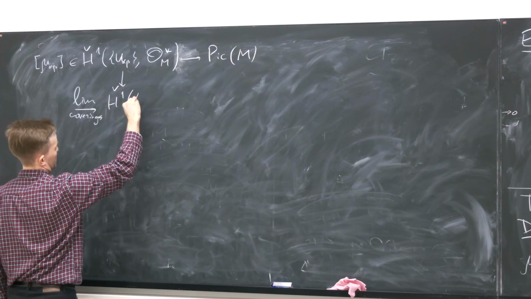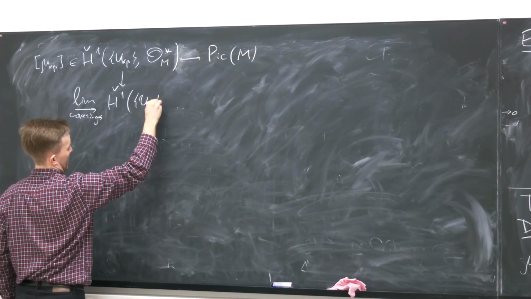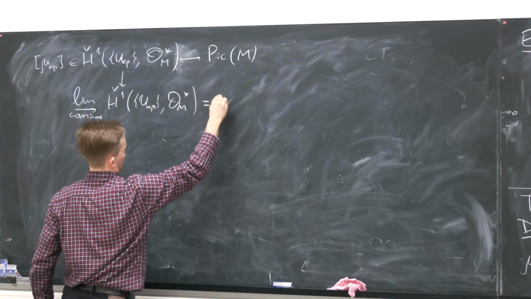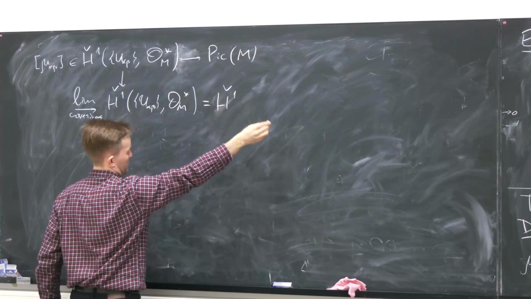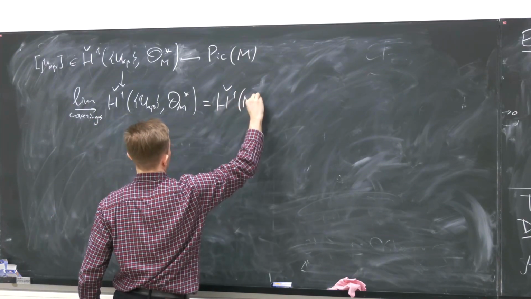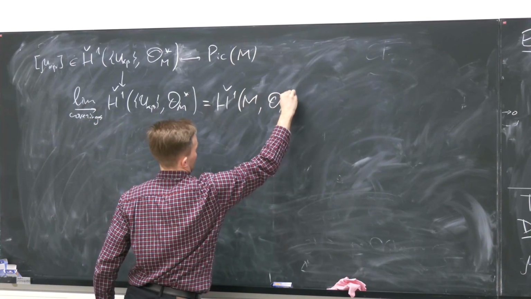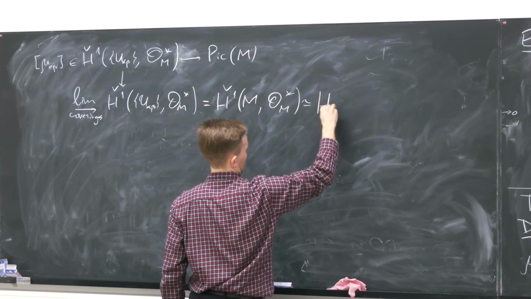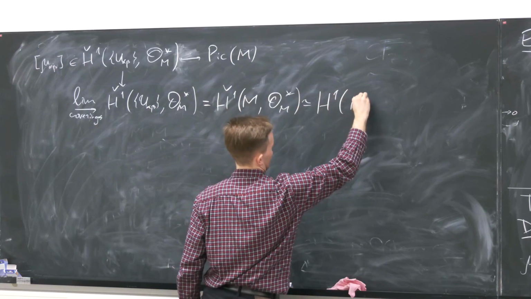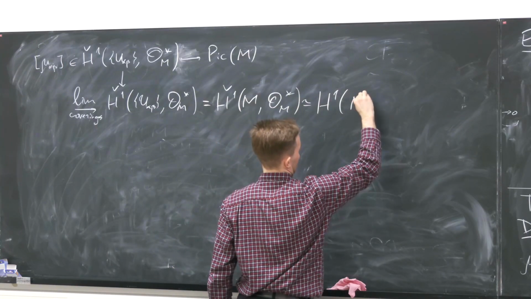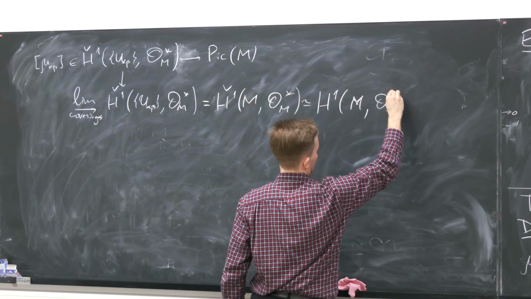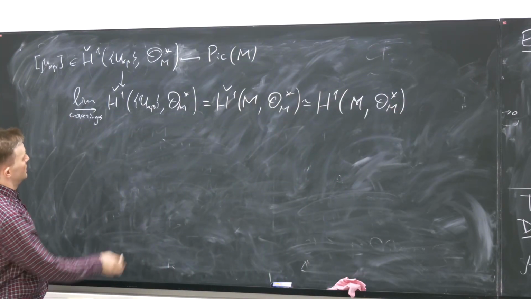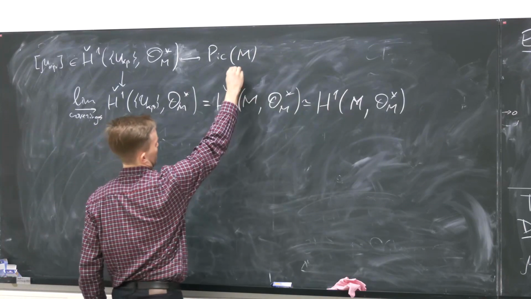of the Čech cohomology group, and this is just by definition the first Čech cohomology of M with coefficients in O_M star, which will actually be isomorphic to the usual sheaf cohomology H^1(M, O_M star).